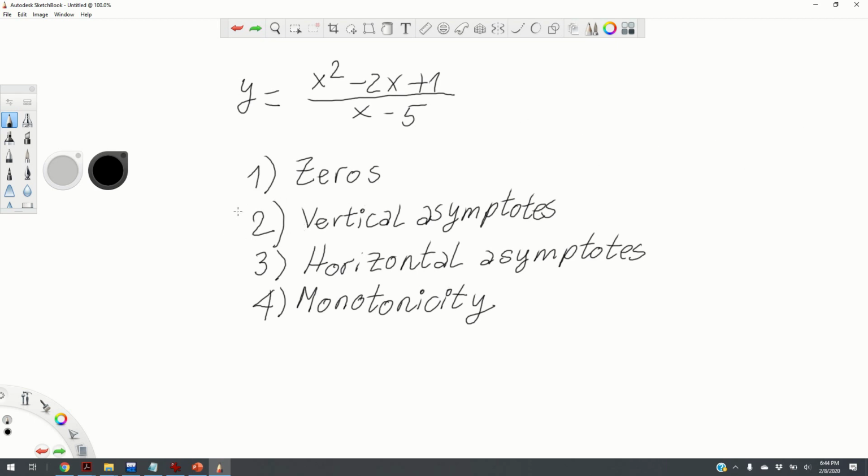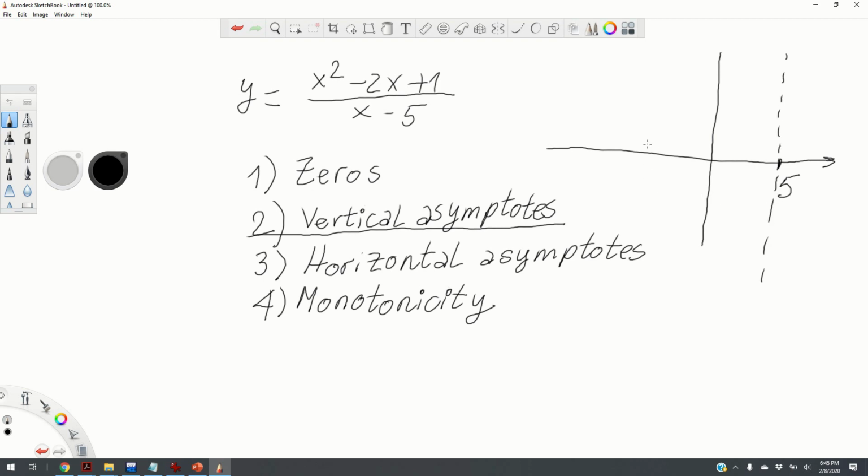The second step is to find the vertical asymptotes. So what are the function asymptotes? Well, for certain values of the parameter x, let's say, for example, if x is equal to 5, the function might go to plus infinity or minus infinity. So these are the vertical asymptotes.